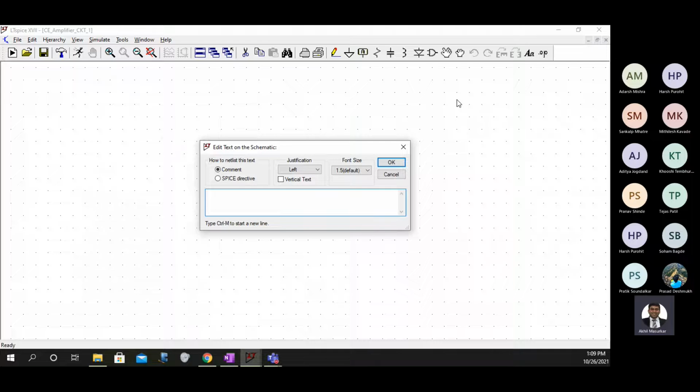Like I always say, we should first always name the circuit properly, and let's name that CE. Sir, my LTspice is updating.